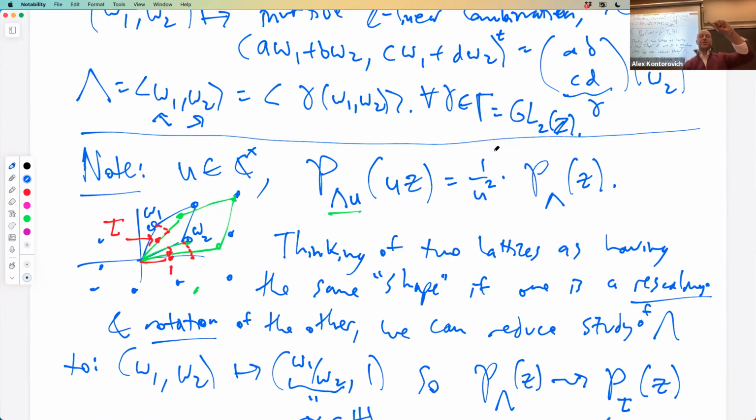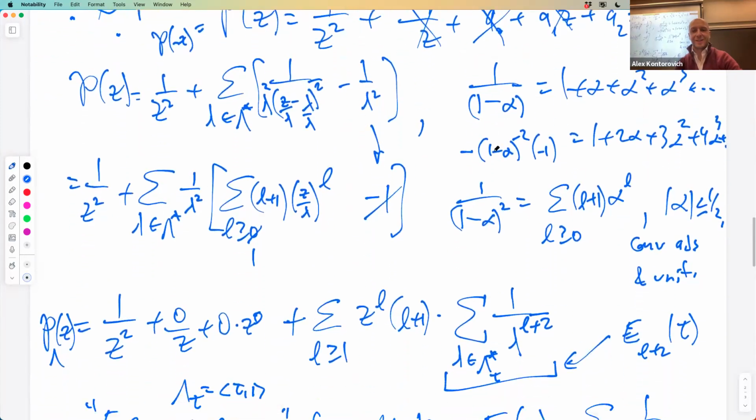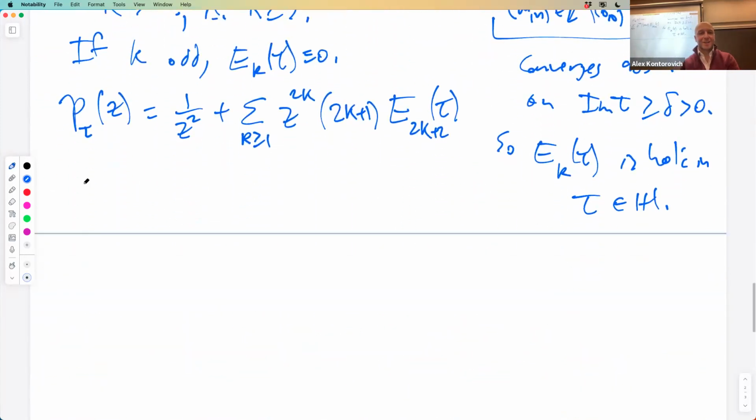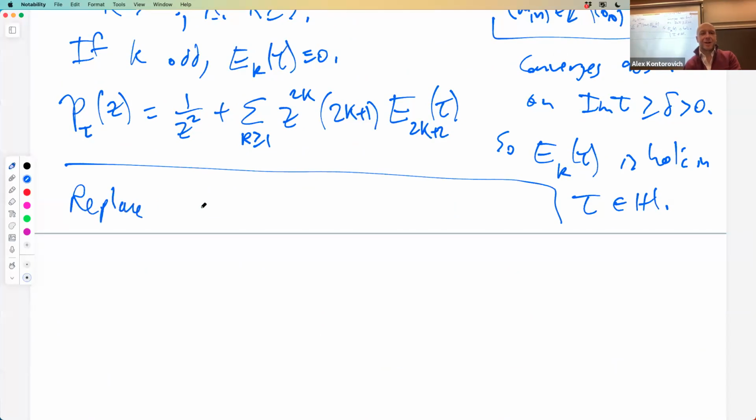Now, one thing that it can do, consider replacing 1 and tau by gamma, where gamma is (a b; c d), by gamma acting on tau and 1.